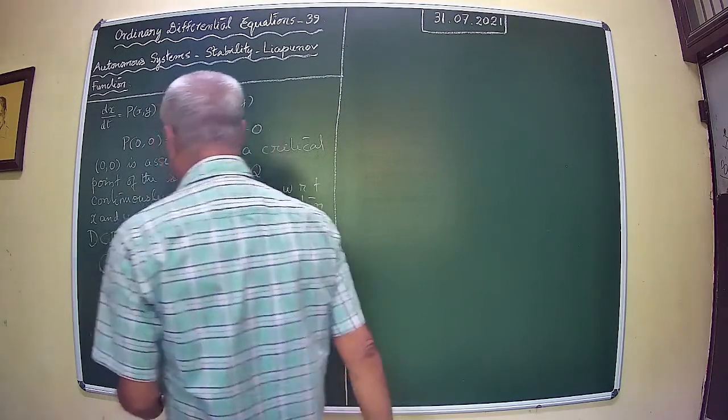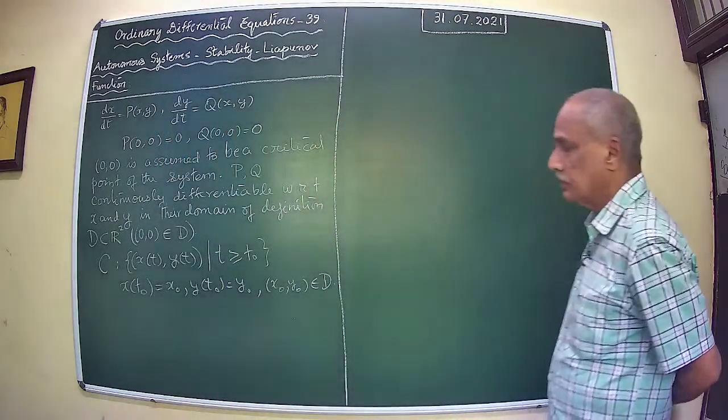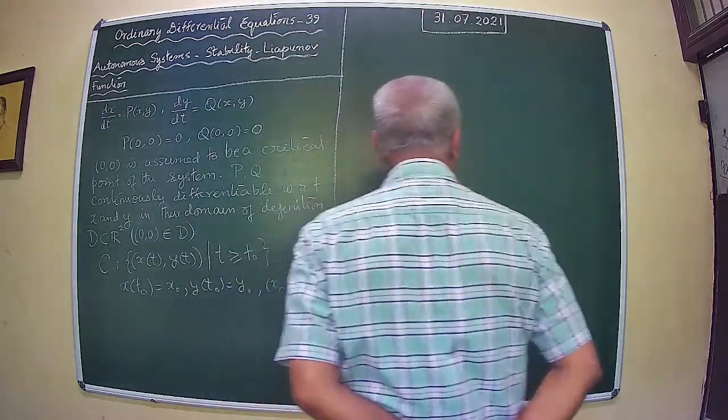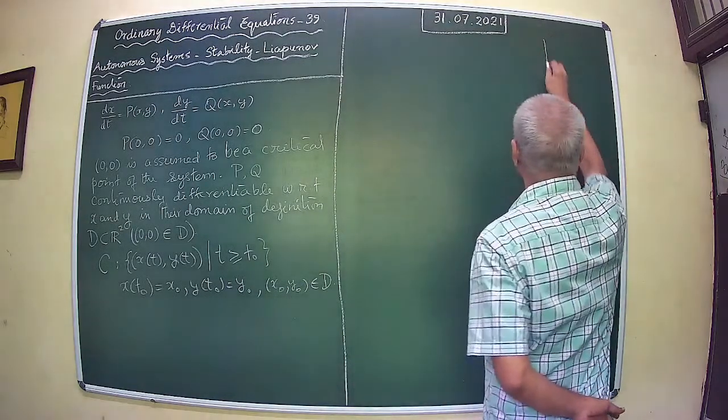In other words, we are looking at the characteristic that passes through the point (x naught, y naught). Okay, so this is the scenario that you have.